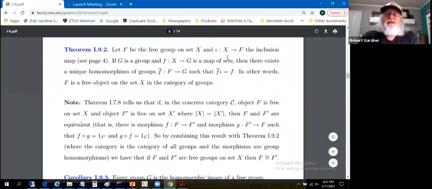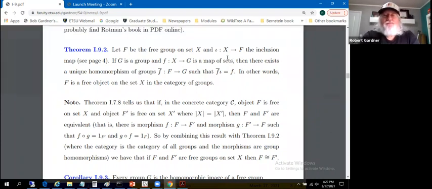So all this does is treat individual letters as reduced words, where the free group on set X is what we had just defined in Theorem 9.1. So this simply takes elements of the set and puts them inside the free group. It treats them as reduced words of length 1.